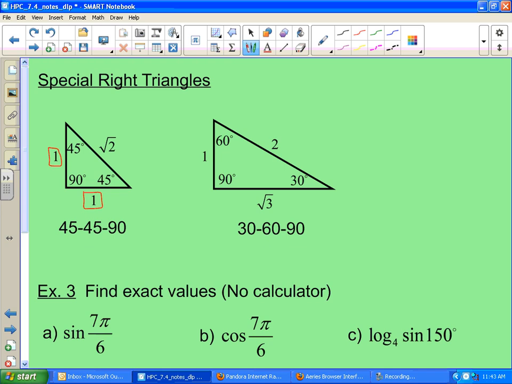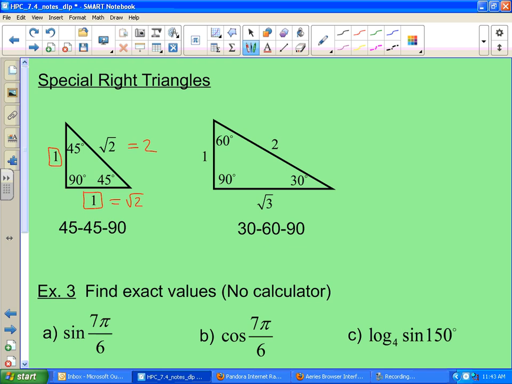So that means, what if I were to make this equal to 2? What would these legs then become? What would they become? Square root of 2? Is that true? No, I'm just asking, is that true? Yes.